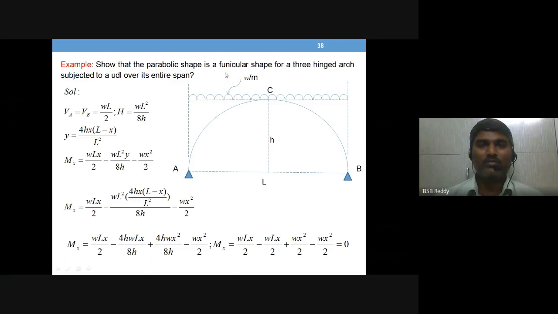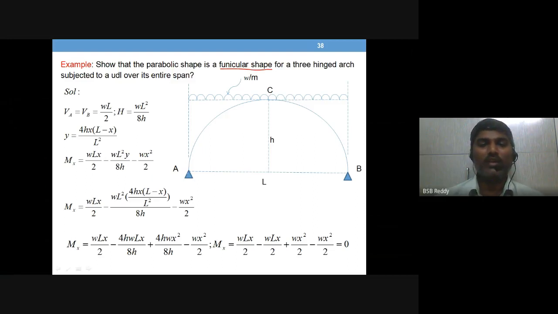So what does this mean, funicular shape? If you take an arch, if you load that arch, anywhere you pick a point on the arch, you calculate bending moment. The bending moment value should be 0. In the other way, what does this funicular shape mean?